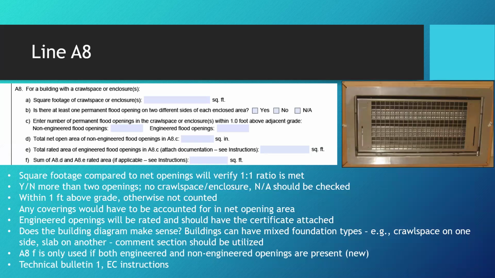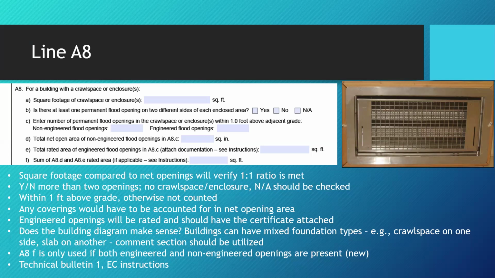And then just the last couple of things here, line A8 is for a crawl space or enclosure. So it asks you what the square footage of that crawl space is. You have to have openings on at least two different sides. So that's a yes or no question. And now they've added an NA checkbox just to make sure that you're not leaving it blank. So if it doesn't have any openings, you check not applicable. How many openings, they asked for that.